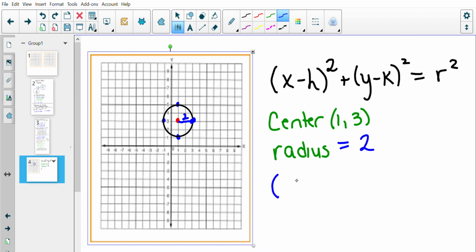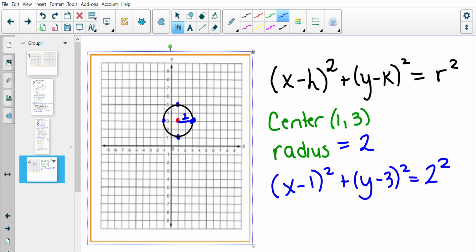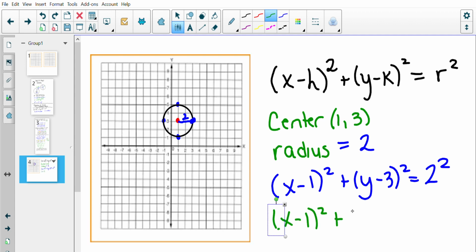So if we just plug that into our formula, we will get this equation. The difference of x and 1 squared plus the difference of y and 3 squared equals 2 squared. Well, we know 2 squared is 4, and here's our equation in standard form.